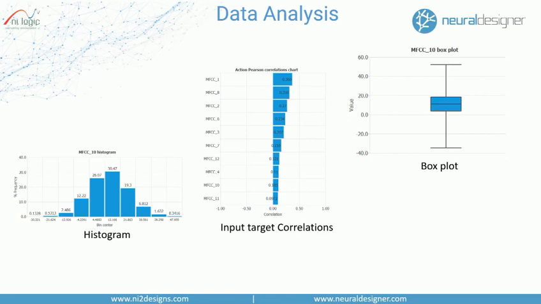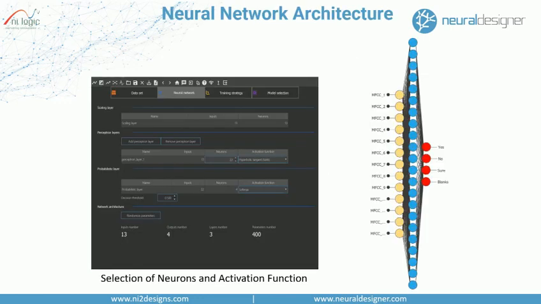Here, the box plot represents the median, quartiles, and potential outliers in a concise manner. Neural Designer divides the data in a ratio of 60-20-20 as training samples, selection samples, and testing samples respectively. Our data was already pre-cleaned, so we didn't exclude any sample.